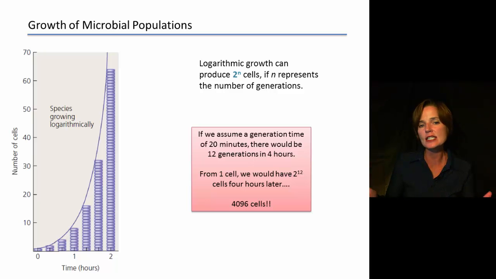We want to see how many cells we have at the end of 4 hours. Well, in 4 hours, we would actually have 12 generations. And if we take 2 raised to the 12th power from one cell in just 4 hours, we've got over 4,000 cells. We actually have close to 5,000 cells that are being produced from that one initial cell that we started with.